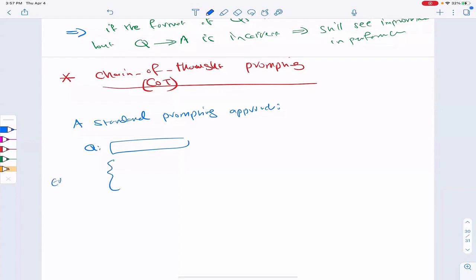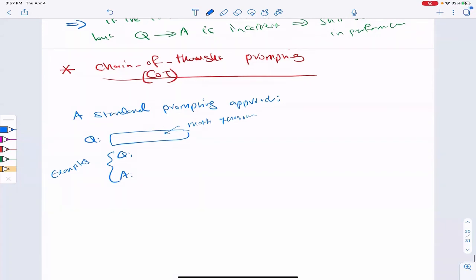So these are examples. Let's say you're asking some basic math question, and you give your model some demonstration examples. Let me just, to really give you a feeling what I'm talking about, write one such example.